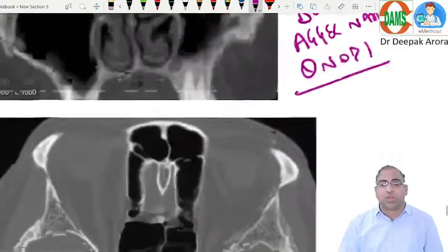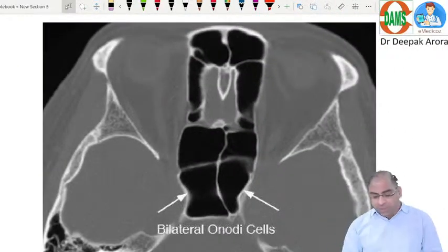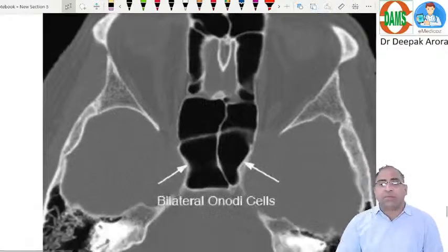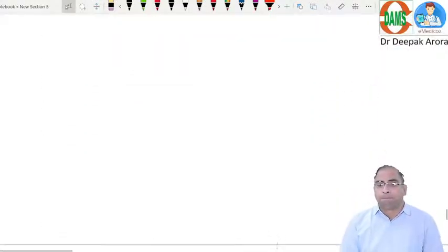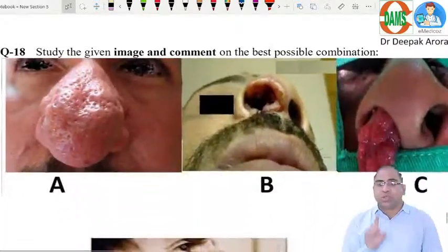The most posterior is your Onodi cell, the most anterior will be agger nasi. Clear?